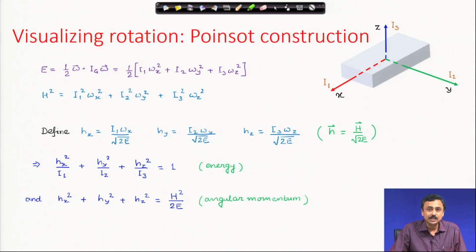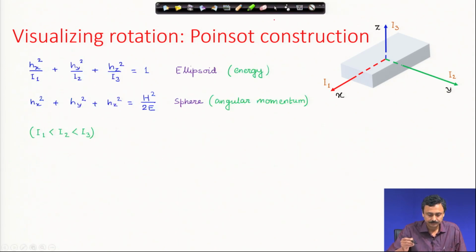Therefore, we have the energy conservation constraint and angular momentum conservation constraint as an ellipsoid and a sphere. There is no potential energy contribution, so the total energy is the kinetic energy only. Therefore, energy ellipsoid and angular momentum sphere, and note the ordering of the principal moments of inertia.